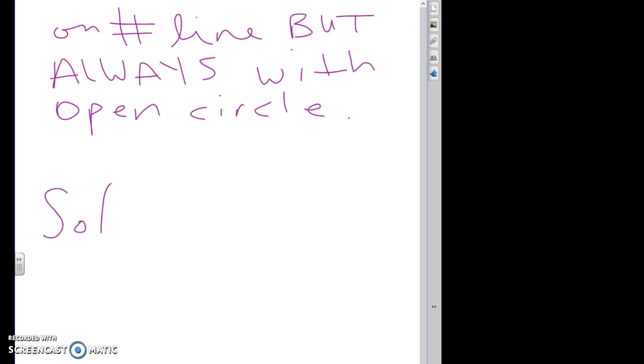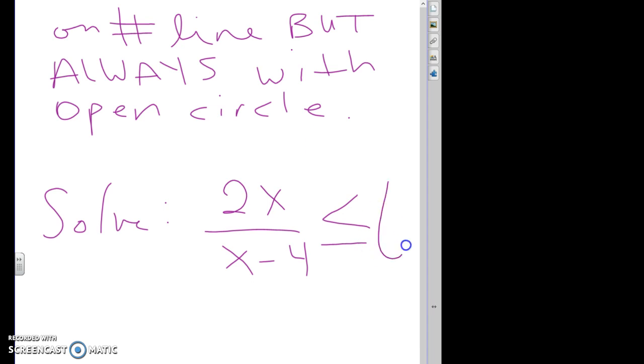Okay, we're going to solve 2x over x minus 4 is less than or equal to 0. Okay, so first let's solve the top equal to 0.